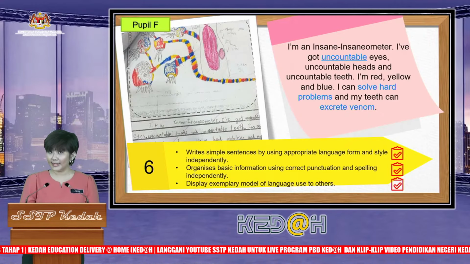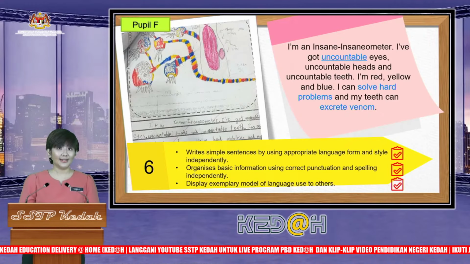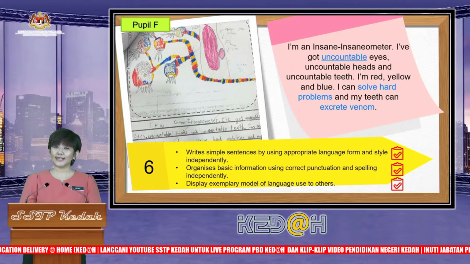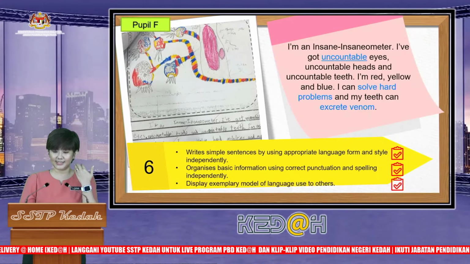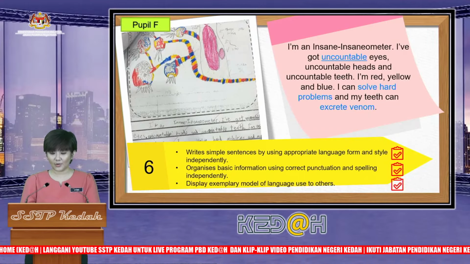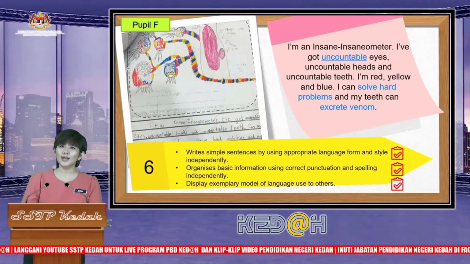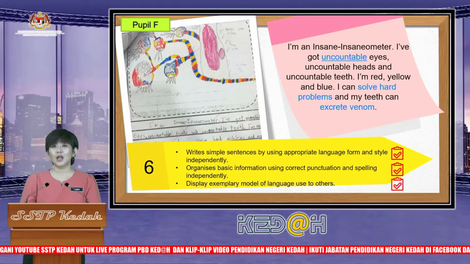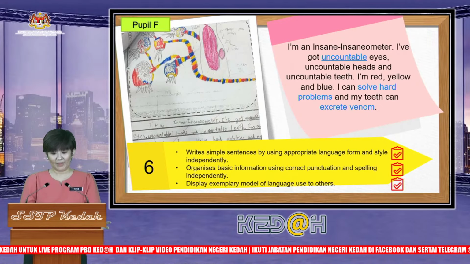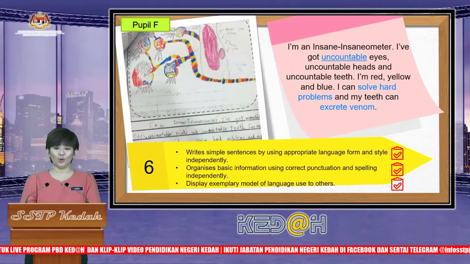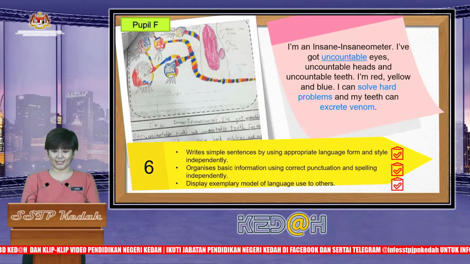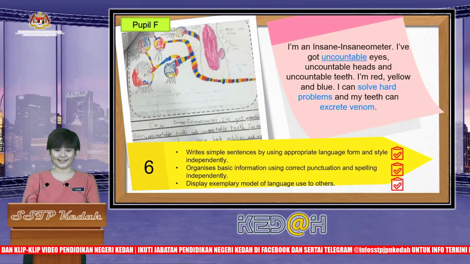He could write independently with hardly any mistakes. So his language has exceeded the expectation of an A1 low. He used words like uncountable, solve hard problems, excrete venom. Coming from an 8-year-old, I think this piece of work is a 6. It's a solid 6, I would say.